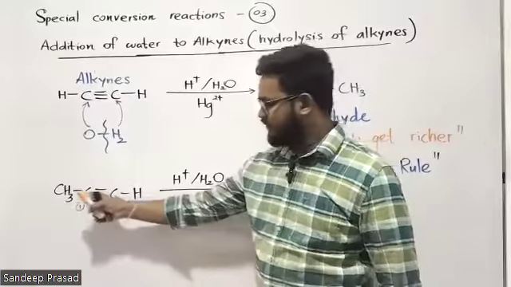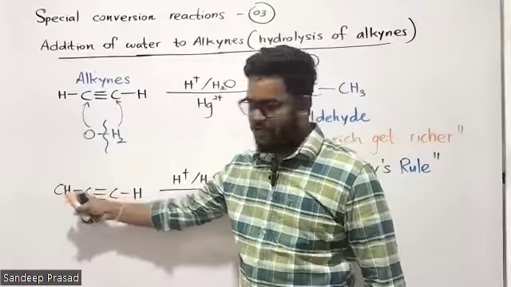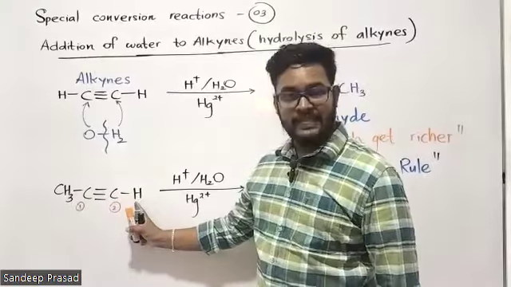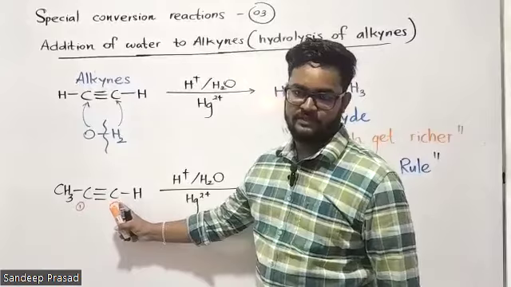The second one, right? The first one is only connected to an alkyl group like CH3, but the second atom already has a hydrogen. So this is the carbon atom rich with hydrogen.